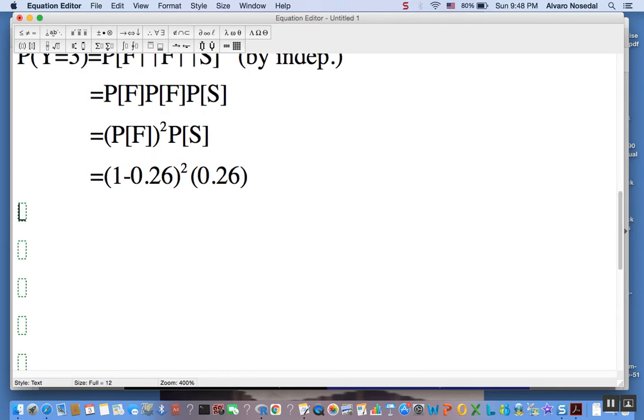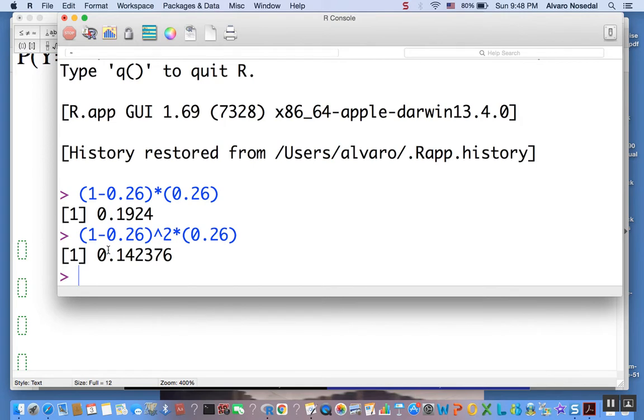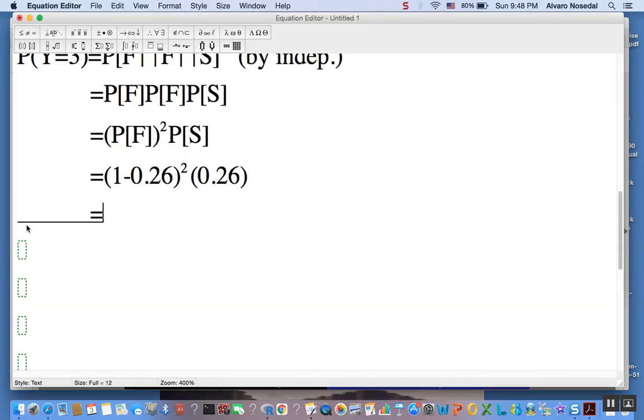Let's find that number. Let's use R to find it. So it would be 1 minus 0.26 squared times 0.26. In this case, that's roughly 14%.